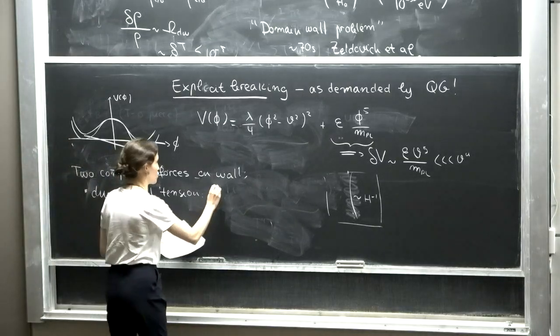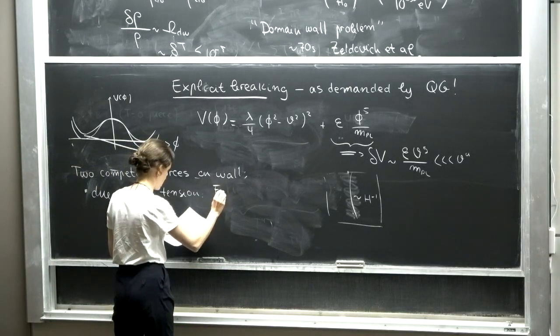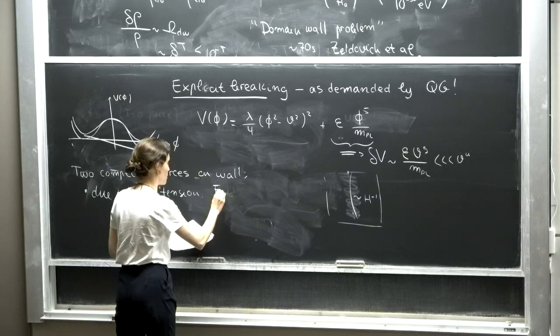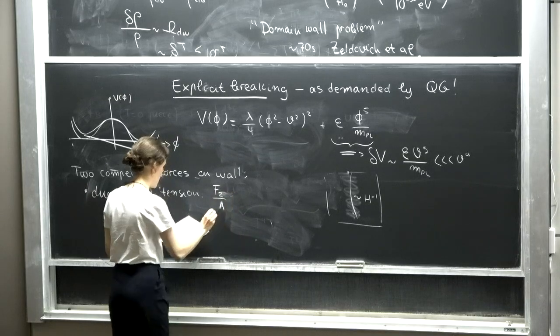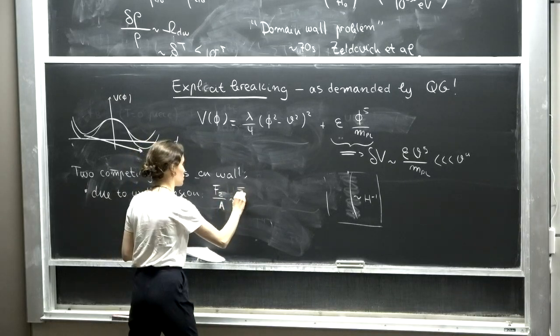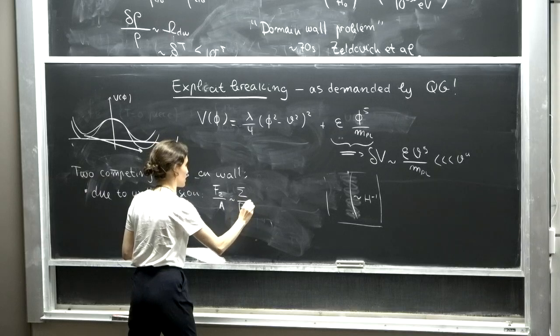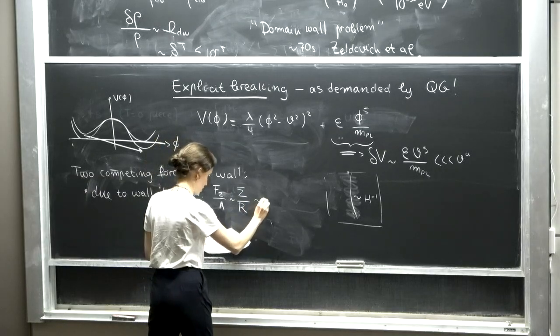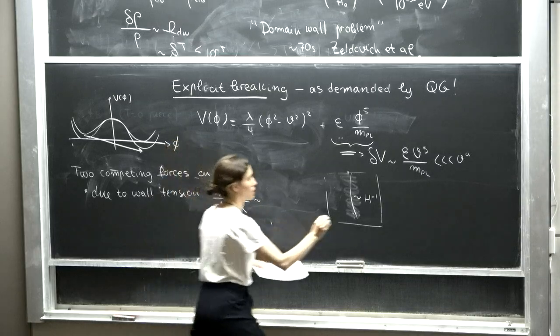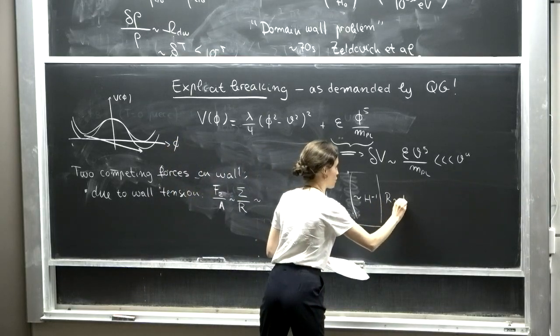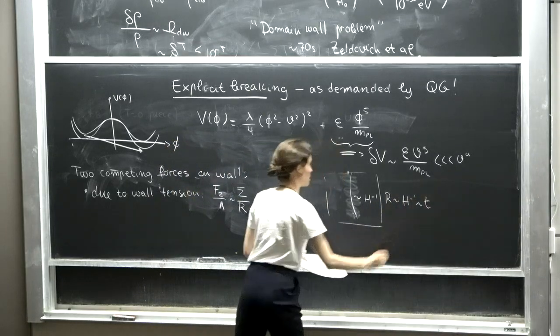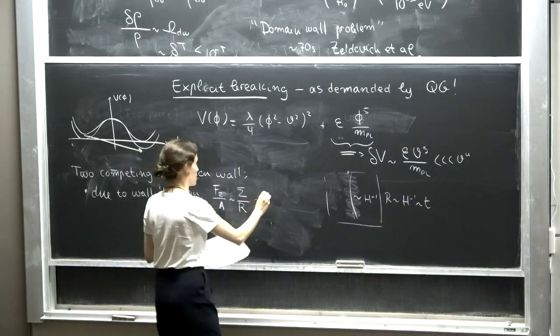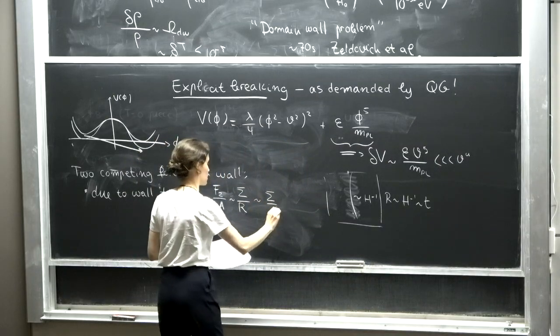The force on the wall due to the tension per unit area is going to be of order the tension divided by the radius at the time. Let's say that radius is of order Hubble length, which is of order time. So this is going to be of order sigma over t.